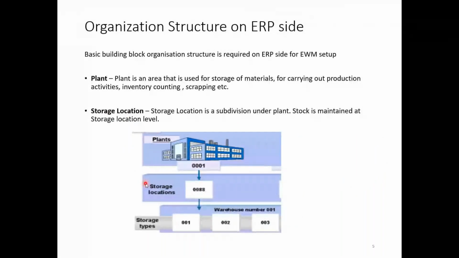So you know that when we don't have WM or EWM, the inventory is managed at the storage location level. And in case you have WM, then the plant and storage location combination is connected to the warehouse, and you create a transfer order and transfer request, all the WM application, where you will see the stock at the bin level.